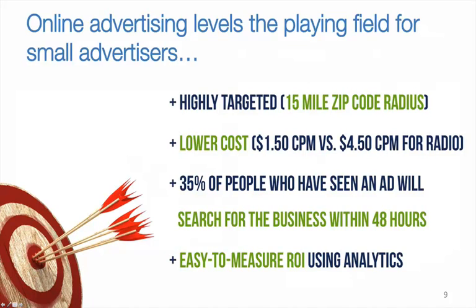So you add all of these things together, and smaller advertisers, local businesses without huge advertising budgets, without huge advertising agencies, are now able to take advantage of very powerful advertising and compete head on with those bigger brands that do have the bigger national budgets.